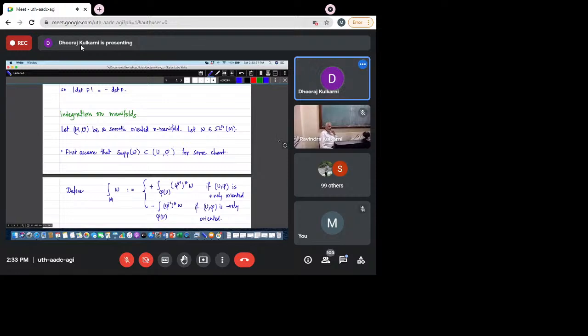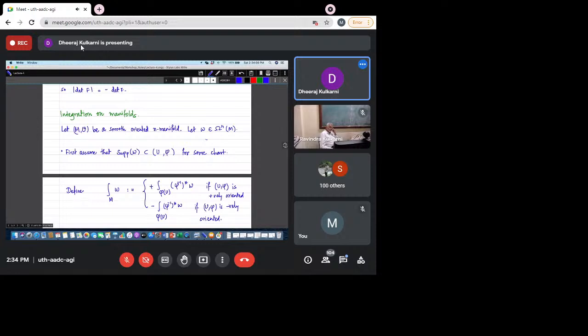First of all, let us assume that M is an oriented manifold of dimension n, and the orientation is denoted by O. Let omega be a smooth n form on M. We will first assume that omega is compactly supported, and in particular we will assume that the support of omega lies within a single chart.